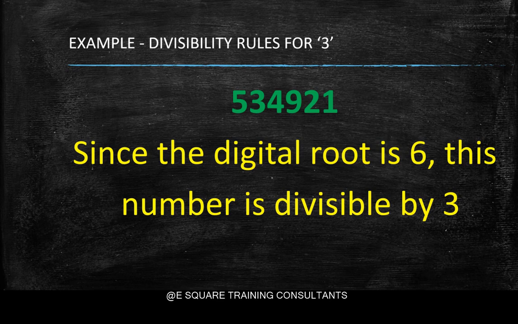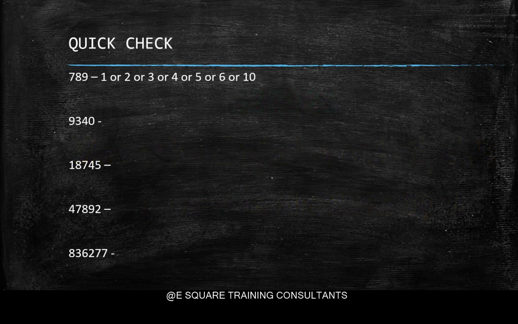I'm coming back to the slide. This is a quick check. Please check and tell me which of the numbers here are divisible by 1, 2 and 3. For example, if I take 789, I would say 789 is divisible by 1. It is not divisible by 2.